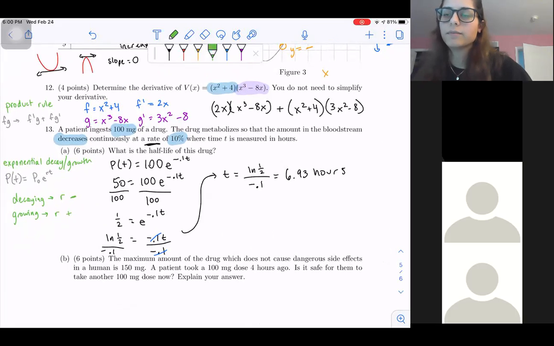Could you also use that formula? Trying to think. I don't think that would work for this one because they don't give you a couple of different points.